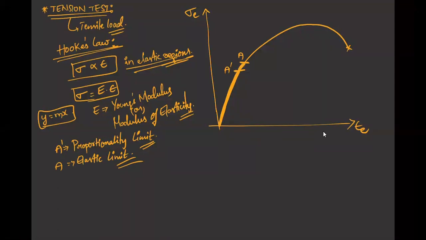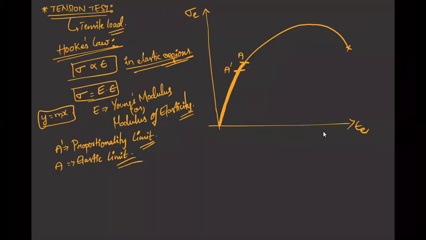After this point it is no longer like y equal to mx, but even then it is elastic. So it is very difficult to evaluate experimentally, and usually you take an equivalent point, that is the proportionality limit.